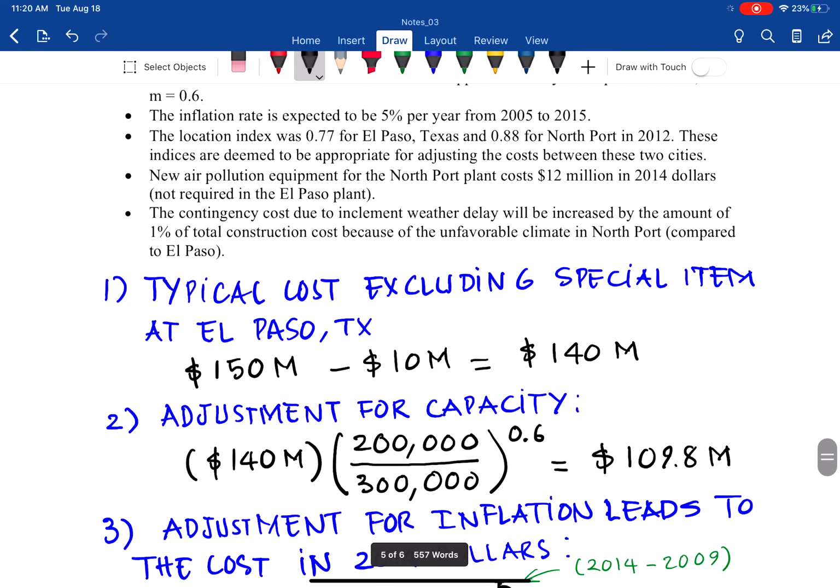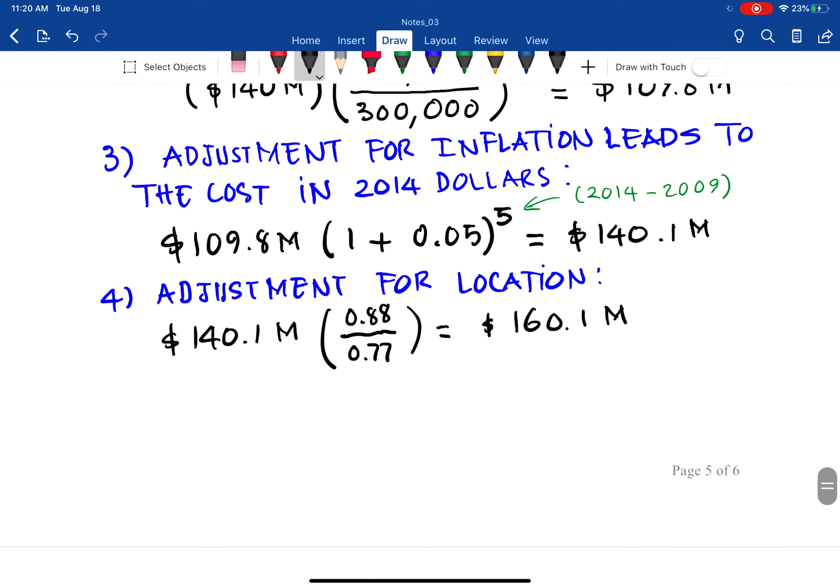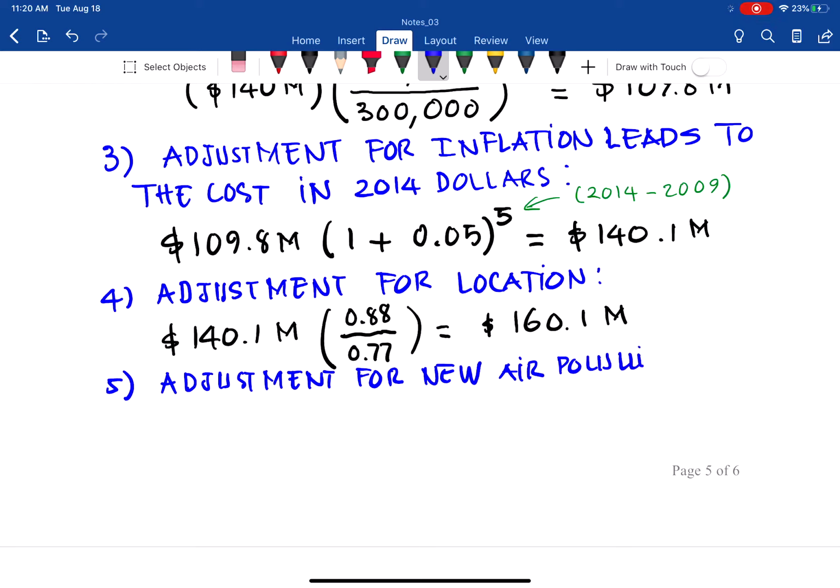And then the next step, we need to adjust for the different regulatory constraints. In this case, the new air pollution equipment is required for the new requirement. So here we have number 5, adjust for the new air pollution equipment for the new facility.